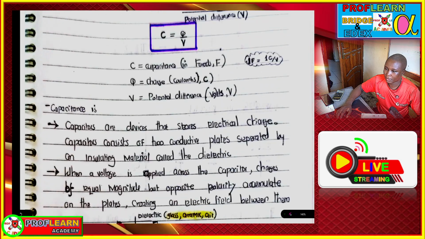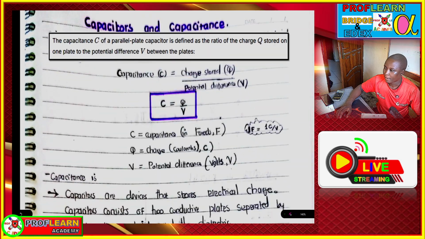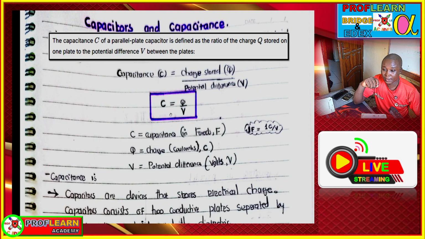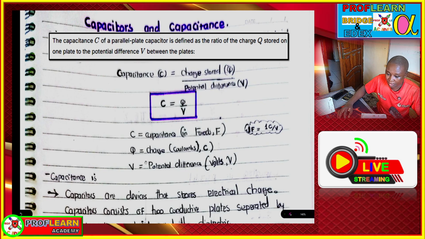Yeah, this is the section that I'm talking about. The capacitance of parallel plate capacitors is defined as the ratio of the charge stored on one of the plates to the potential difference between the plates. That is exactly what you're going to say there, so that you can earn those particular marks.